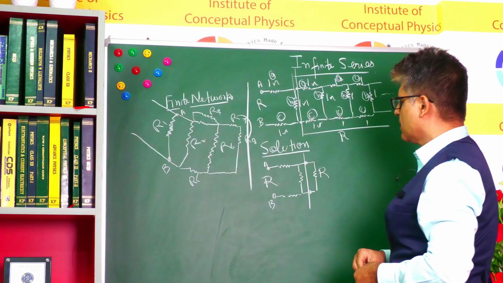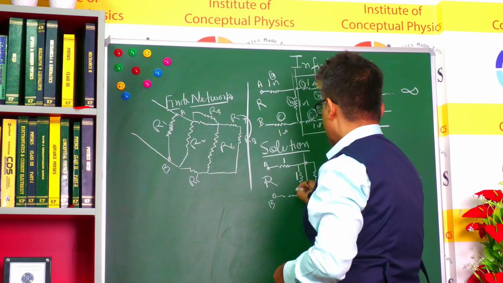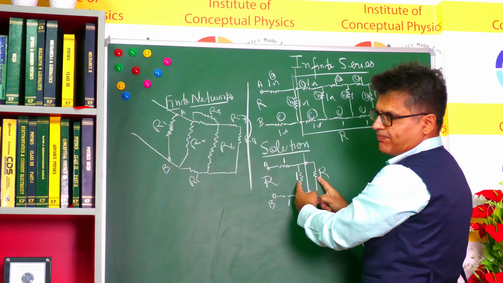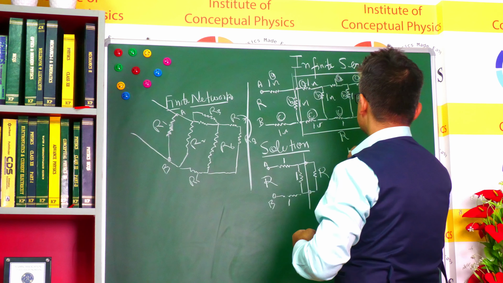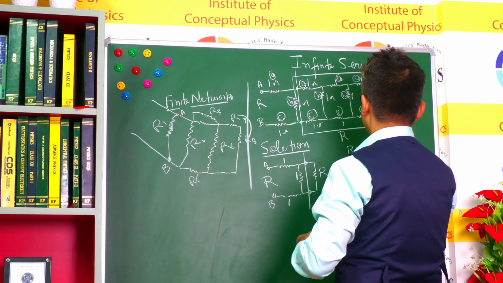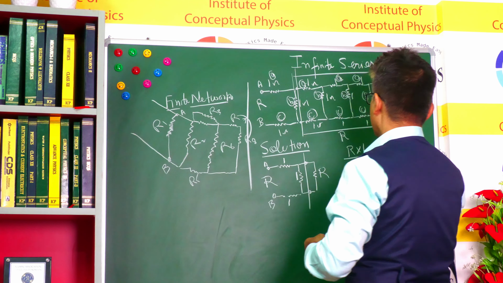Now, if you see carefully, this is 1, this is 1, this is 1. These two are in parallel, and therefore the answer is R into 1 upon R plus 1. Okay?